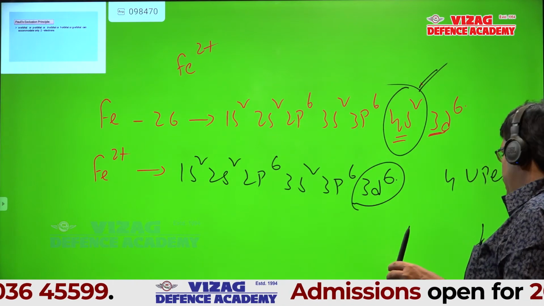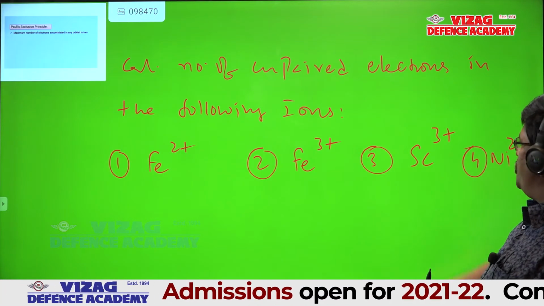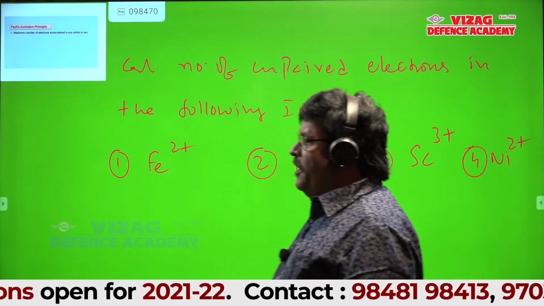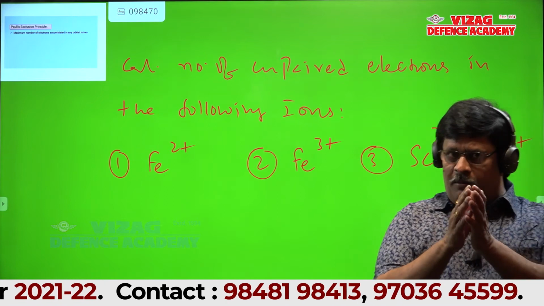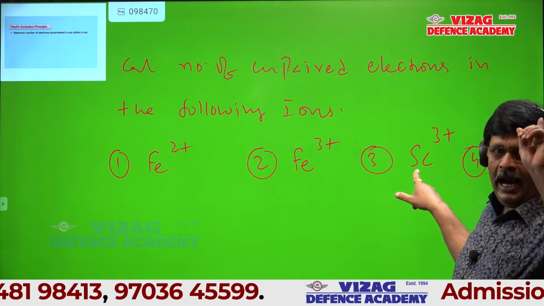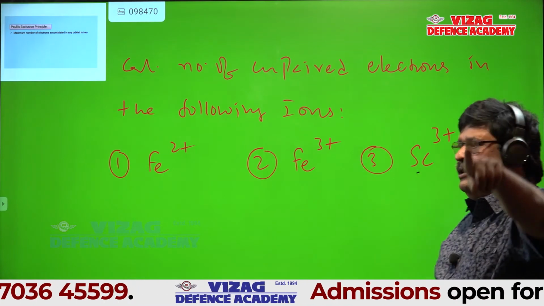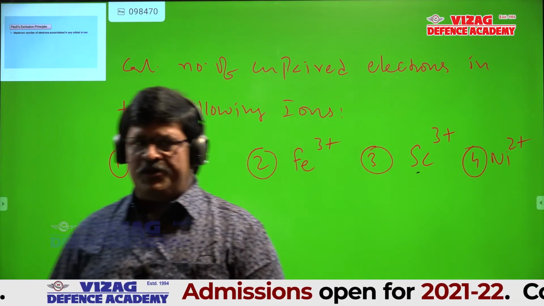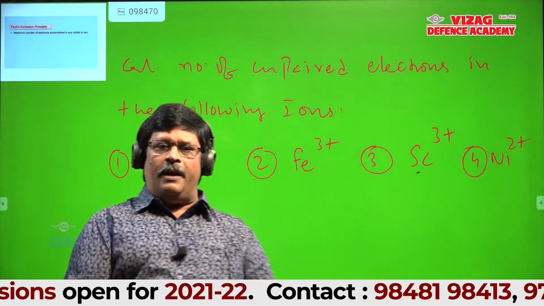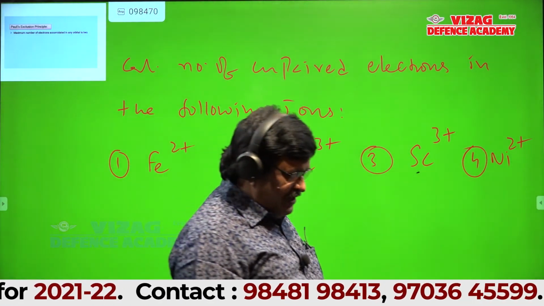Now this is the question given. One more time, students, listen to me. You write the configuration of that particular atom first, and after that you decide how many electrons it loses. You remove that number of electrons and then see how many unpaired electrons are there in that. That's it.